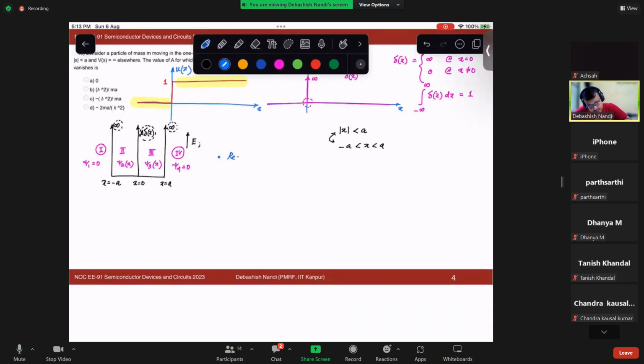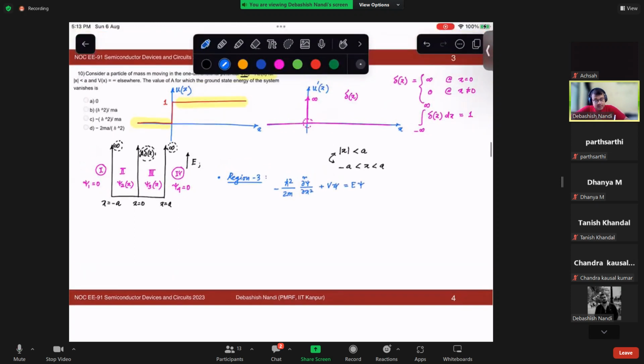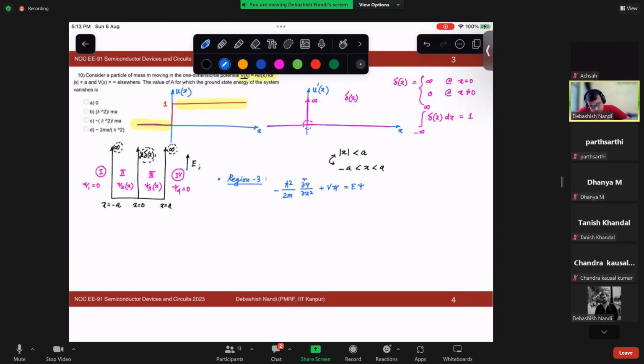Let's take region 3 first. So let me write the Schrödinger equation. Then next step should be writing the Schrödinger equation for a particular region. Okay. This is the Schrödinger equation, and the region is 0 less than x less than a.